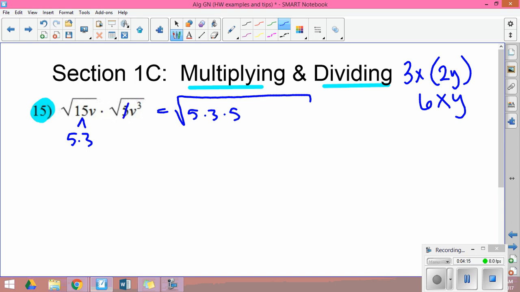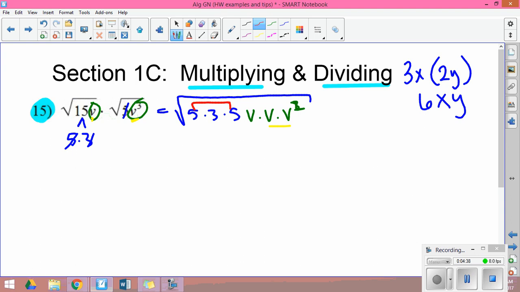And so I have 5 times 3 times 5. So I took that 5 and both of those numbers. And then I have v times v times v cubed, or v squared, sorry. So these two are my v cubed and then my leftover one. Why would I expand it all out like that? Because now it's like the very first section.